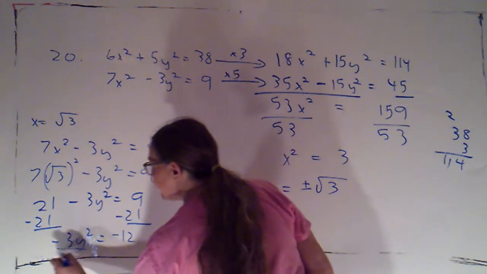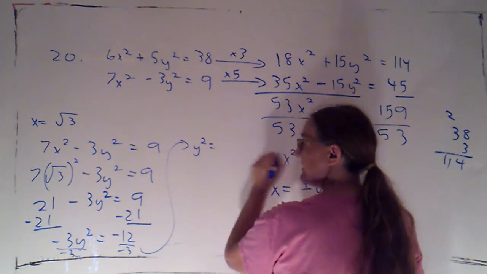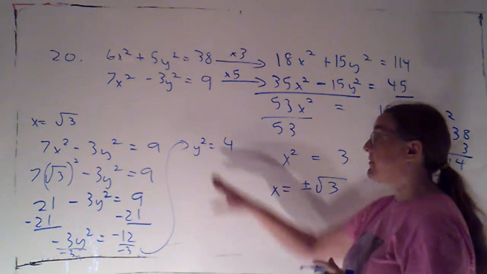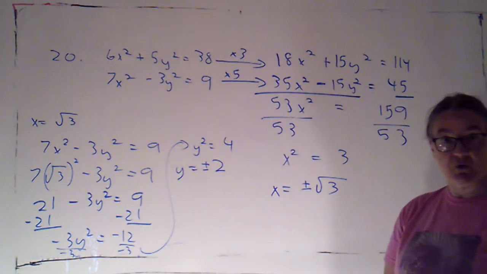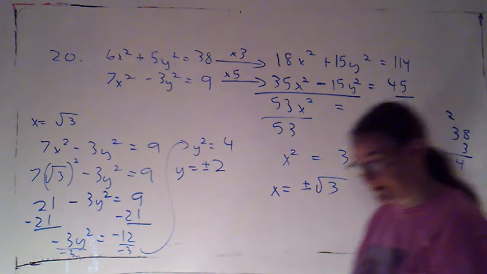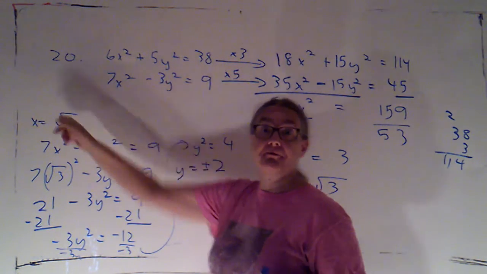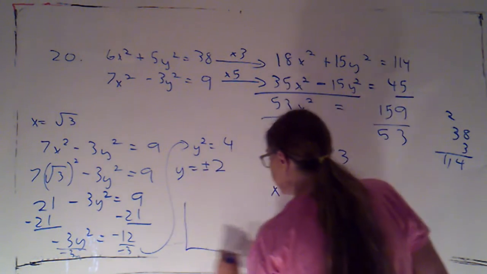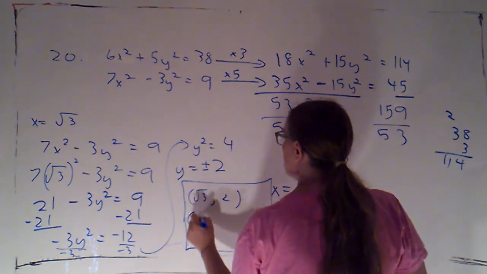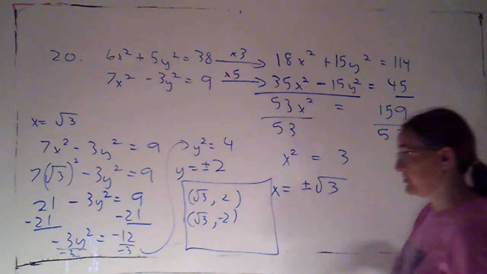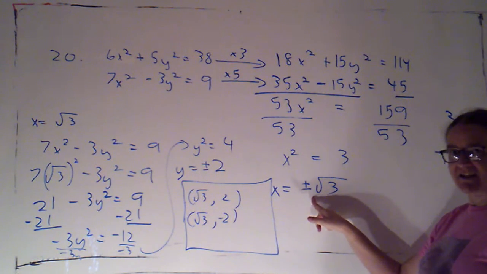Divide through by negative 3. And I've got that y squared is 4. Now that means that y is plus or minus 2. I get two answers in that case, and both of those go with x being root 3. Okay. So just listing my answers here, I've got root 3, 2, root 3, negative 2. That's two solutions right there. I still have to check my other x value.